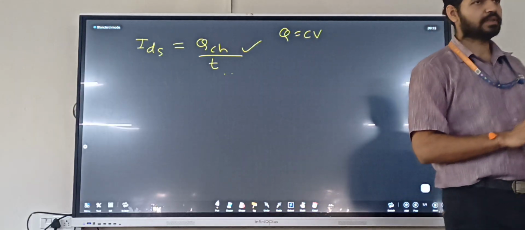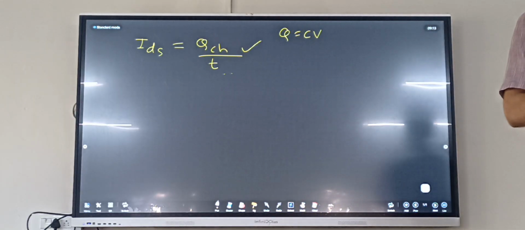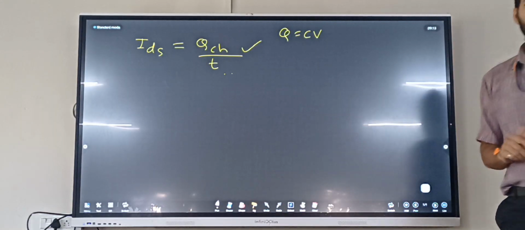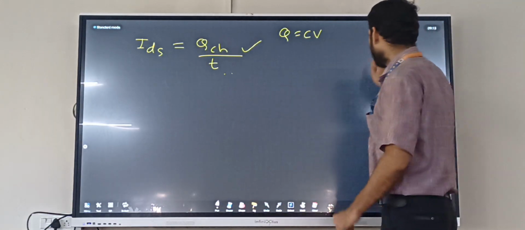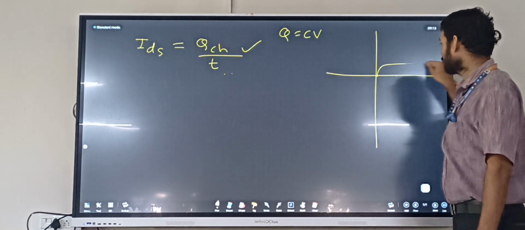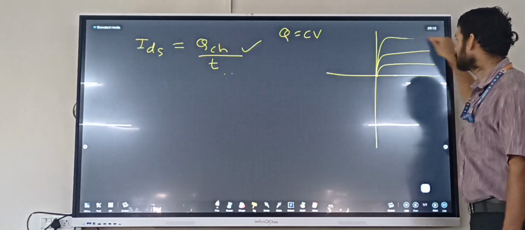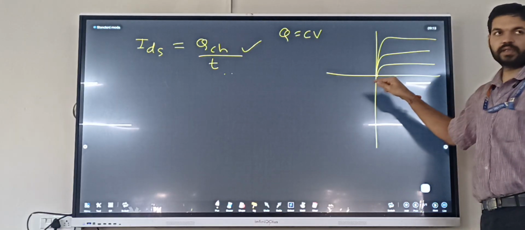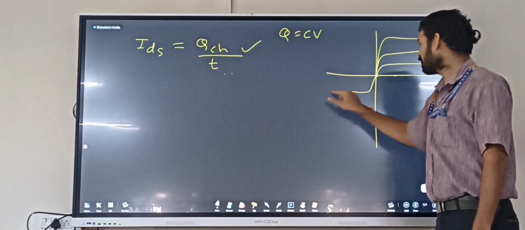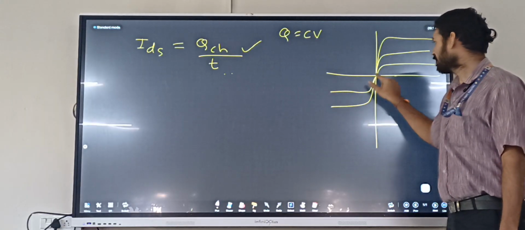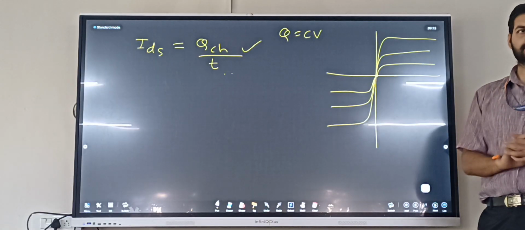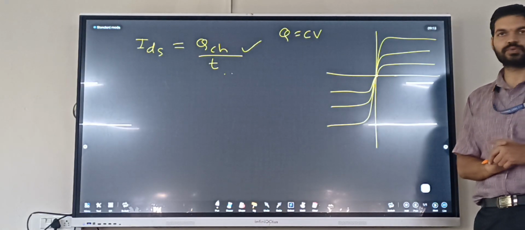After that, we went through the DC transfer characteristics of the inverter. In that we have seen the transfer characteristics of NMOS and the transfer characteristics of PMOS in the third quadrant, because for an inverter both PMOS and NMOS MOSFETs are used in the design.